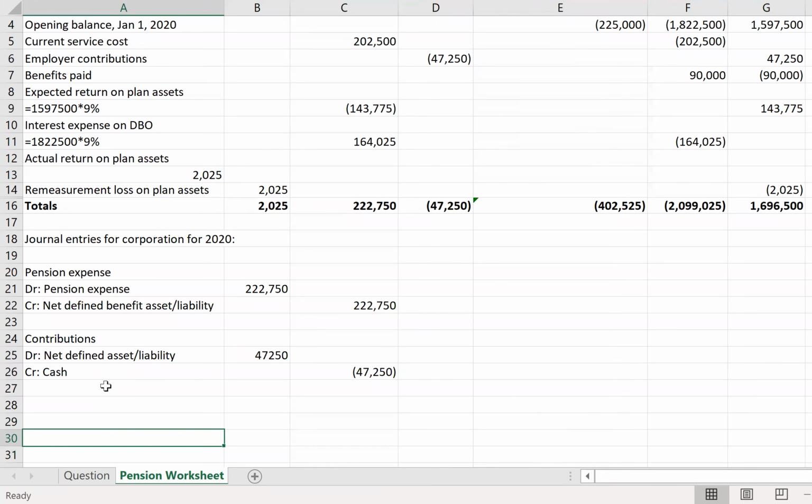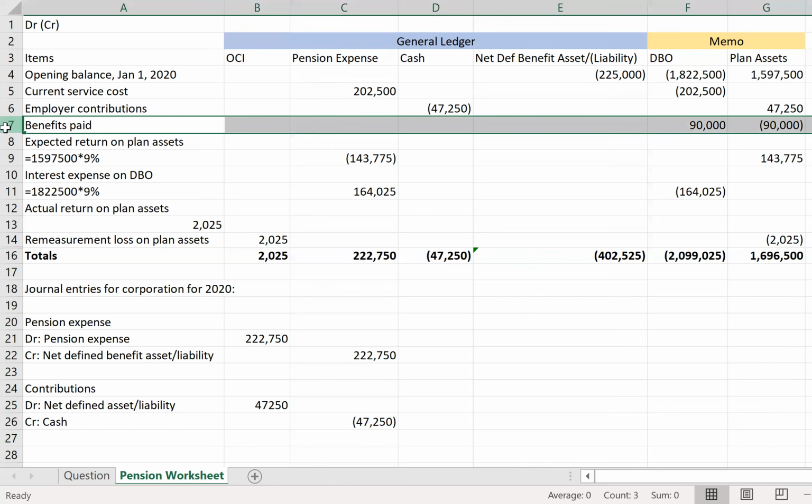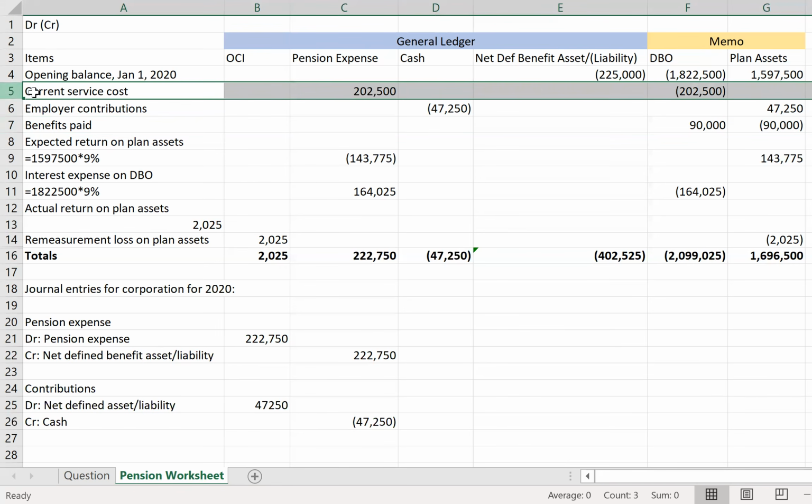Now, let me show you how this reconciles to the same amount that we have here for our net defined asset or liability. So first of all, when we look at our journal entries, a lot of the journal entries in our pension worksheet gave us the right amounts, which is why we used it. It gives us all the right information. But if you look at like our benefits paid entry as an example, actually, let's look at current service cost. Current service cost was an entry between pension expense and the plan.